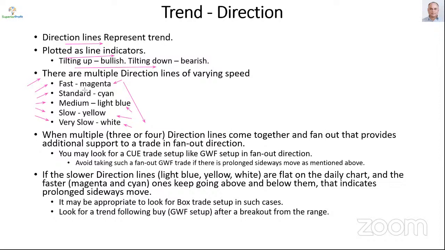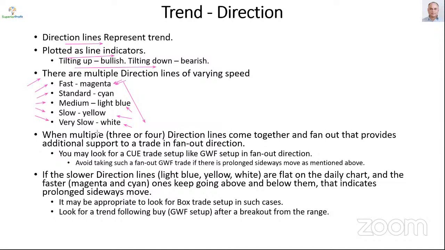So the faster lines I colored with higher color temperature, so it's easy to remember. Magenta fastest, then cyan, then light blue, yellow, white. Probably not exactly scientific, but I tried to color it in a way that is easy to remember. Fast magenta, standard cyan, medium light blue, slow yellow, very slow white.